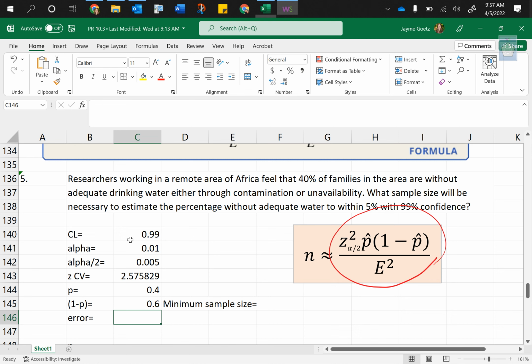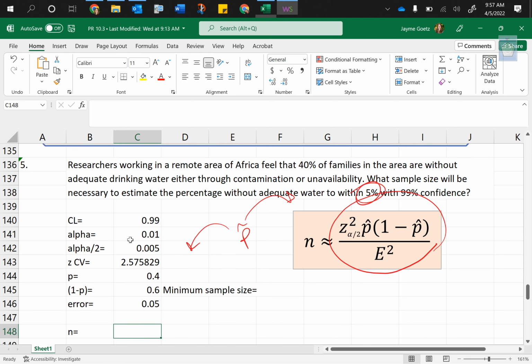And then finally, what's my error? It says to within 5%. So you can go up 5% or down 5%, which means my error is 0.05.